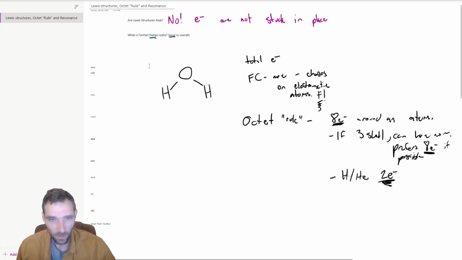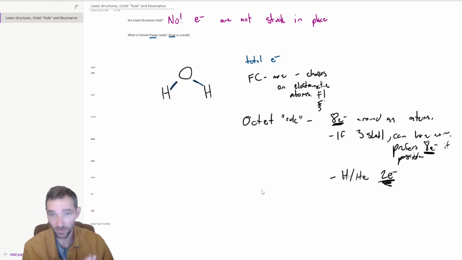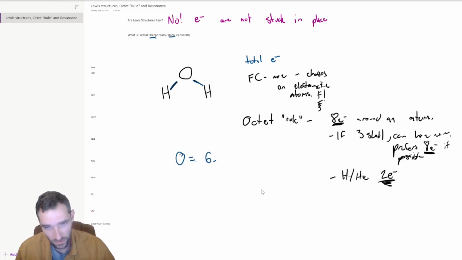So if we're looking at water here, its total number of electrons right now that I've got drawn out here is not quite correct. So I need to get the total number of electrons to be appropriate. You can do that by keeping track of how many electrons these are each contributing, and then multiplying appropriately and adding them up.